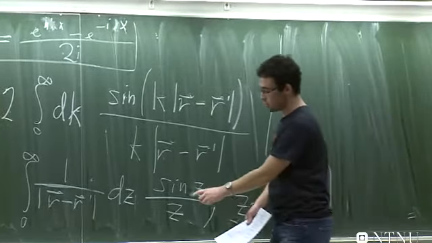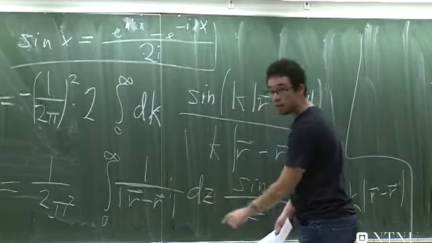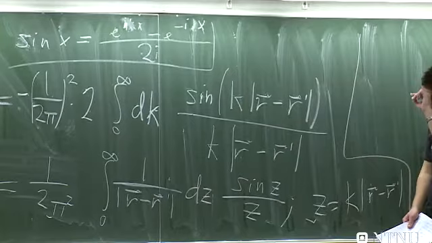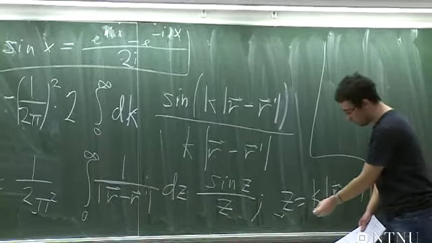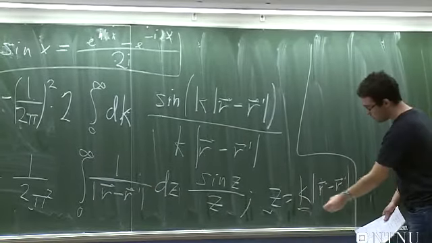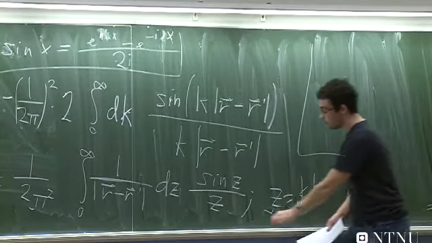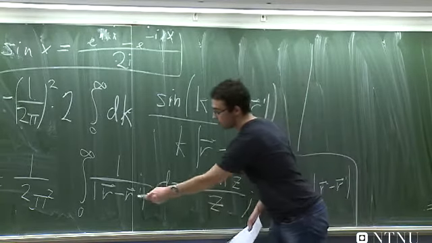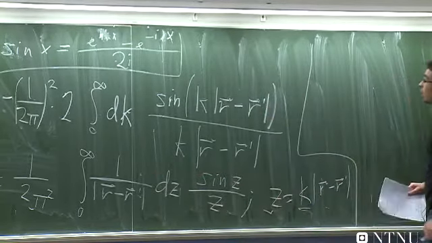If you look carefully here, you see that there's no r dependence in z, or well, actually there is, but we're integrating over k, right? So we don't care about this. It's just a constant, meaning that I can just move this factor outside.